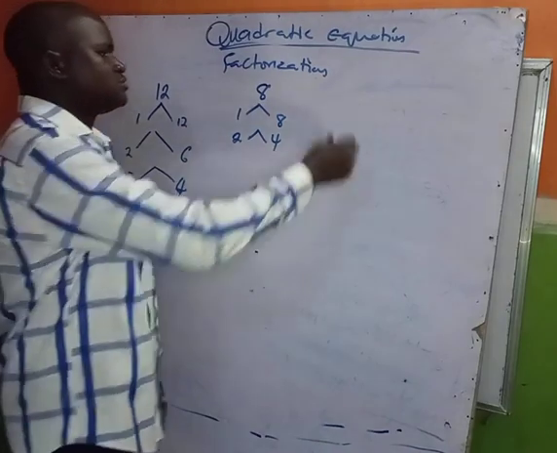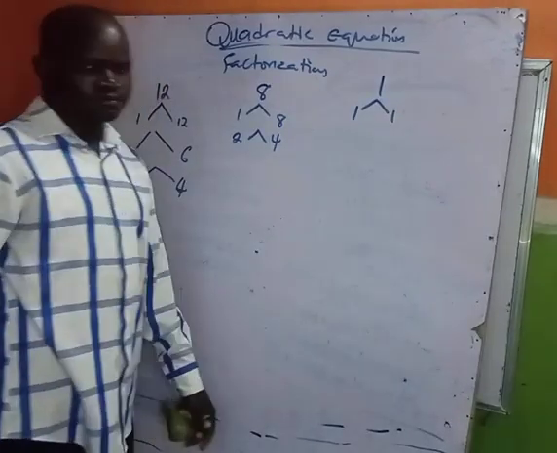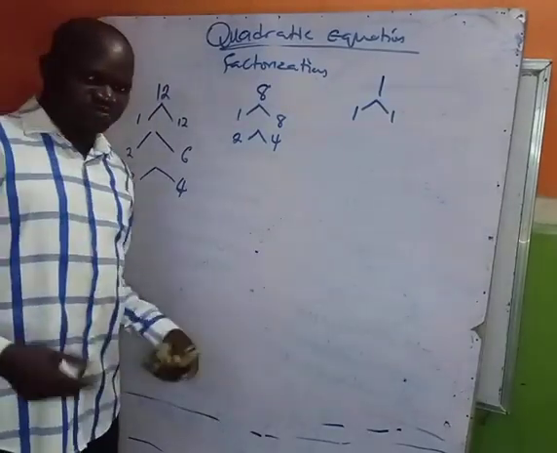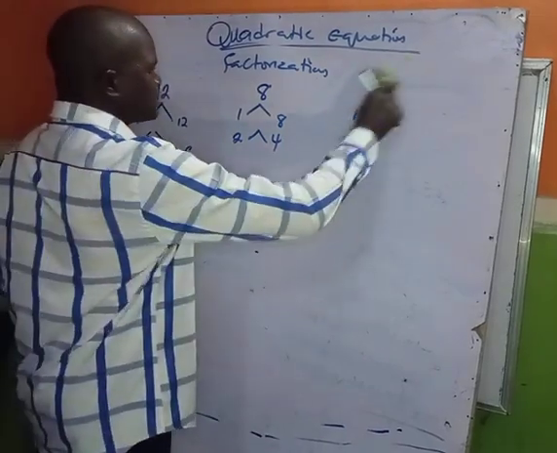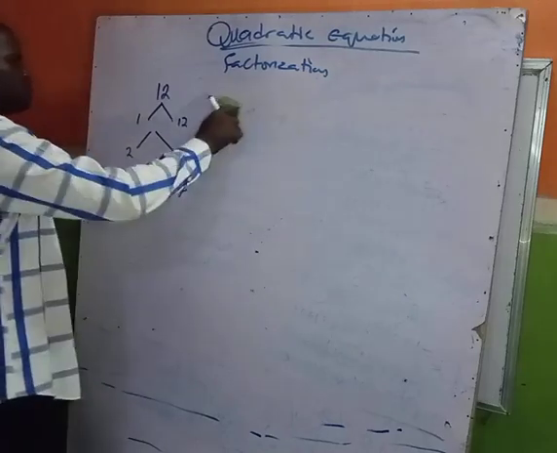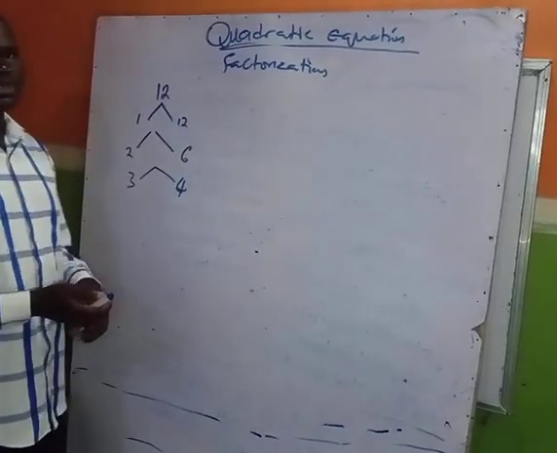For 1, there will simply be 1 and 1. So you can have as many as possible. So that's factor pairs. So when you talk about factorization, you are talking about numbers like this.